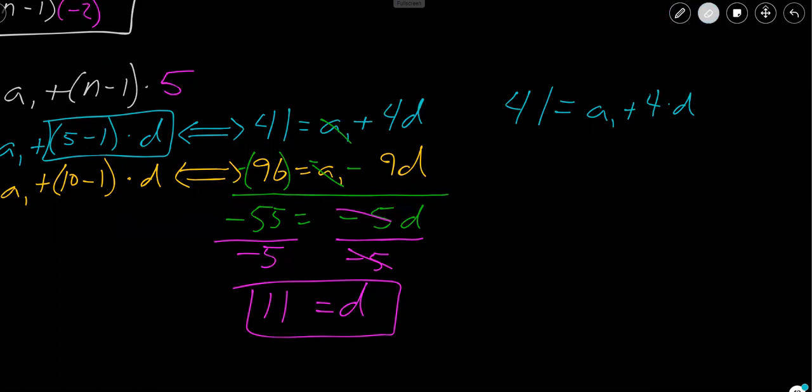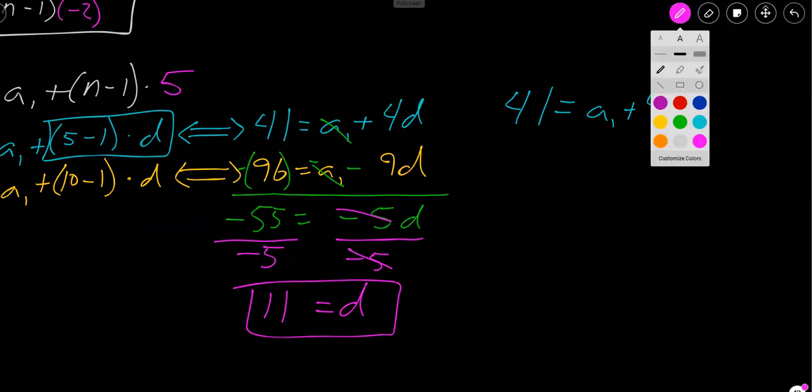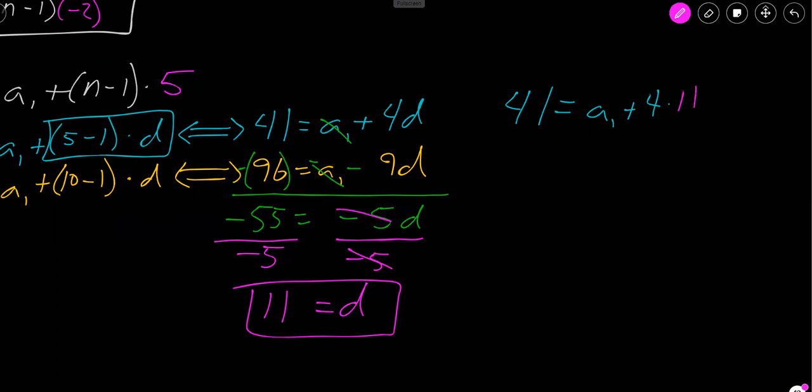Well, if I know that d is 11, I'm going to replace d with 11. I don't know why I wrote 5 over here. This should be 11. I think maybe the 5 that I was dividing by confused me there for whatever reason. d is 11.